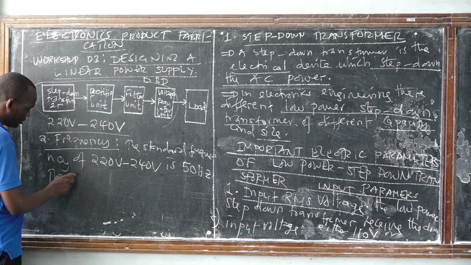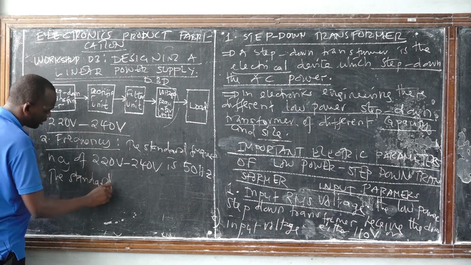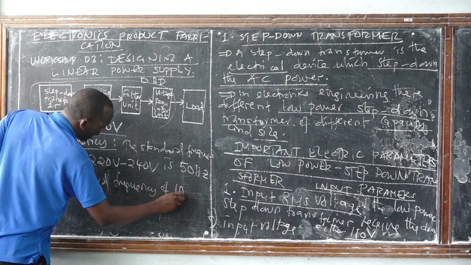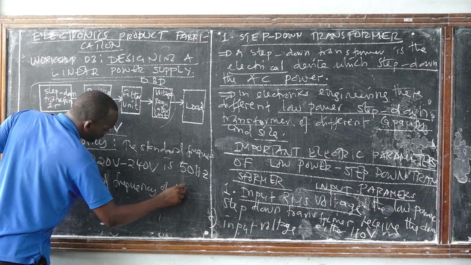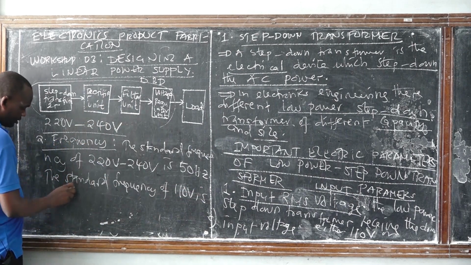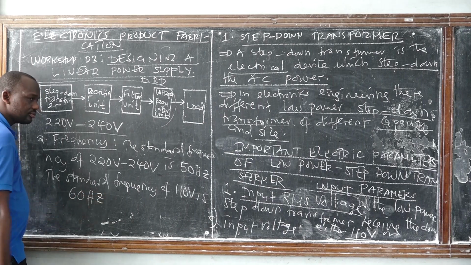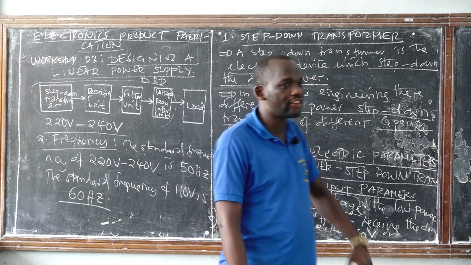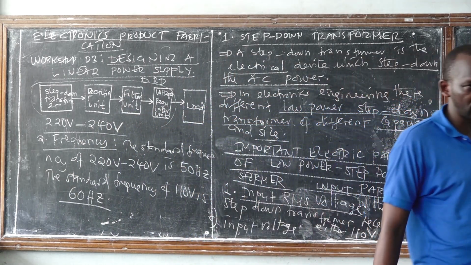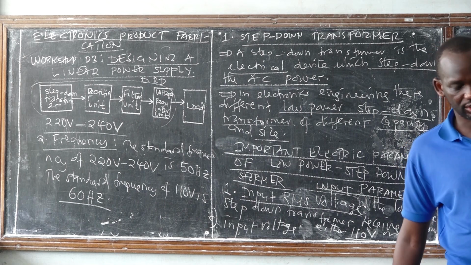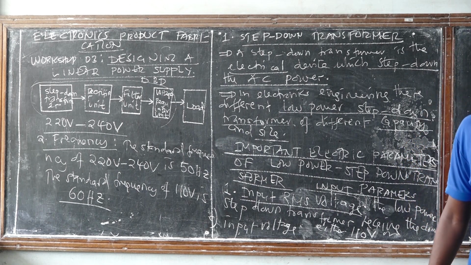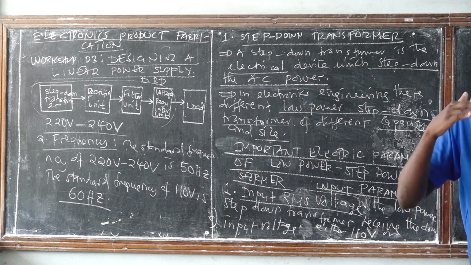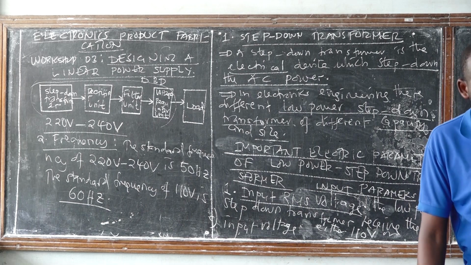But the standard frequency of 110 volt is 60 hertz. So in Tanzania, we are using 220 volt to 240 volt, so the input frequency should be 50 hertz. It means the transformer we are going to use can sustain 50 complete cycles within a second.